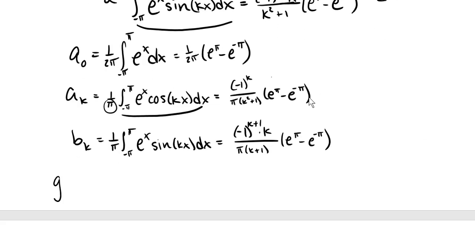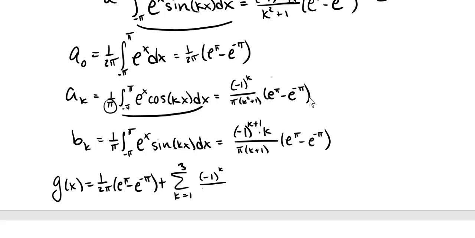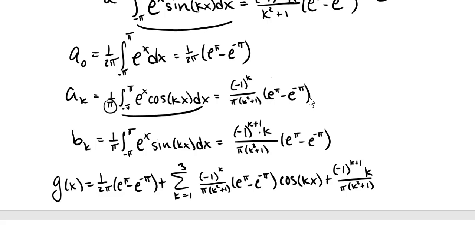So we have a naught plus the sum from k equals 1 to n equals 3 of the AK values times cosine kx plus the BK values, this should be k squared, times sine kx.